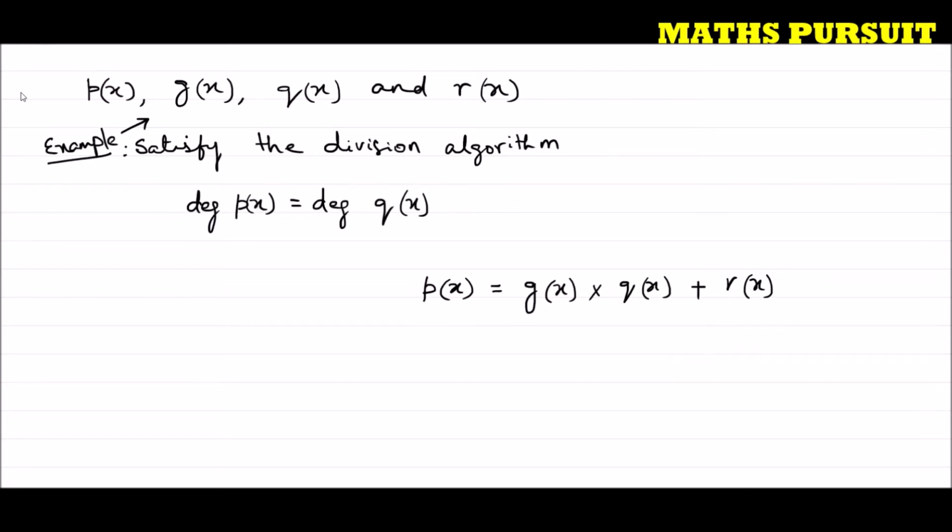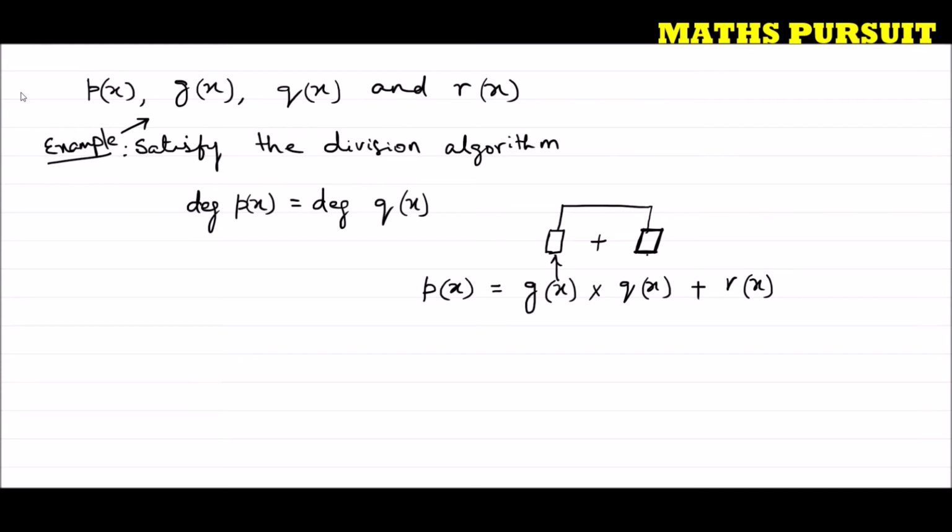Now, how are the degrees calculated here? If you look here, this is the most important point, guys: the degree of g(x) and the degree of q(x) together form the degree of p(x).